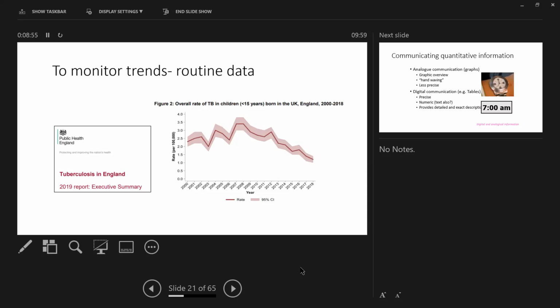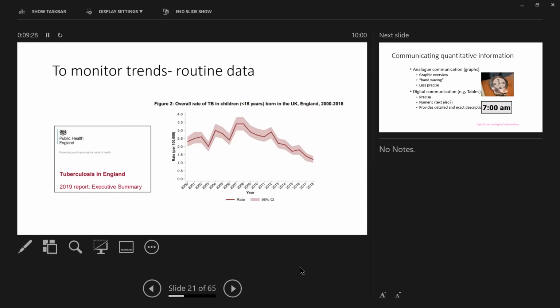So, reporting the, actually it says rates, it shouldn't be rate, it's actually a risk. The incidence of TB in children over the years. Again, you know what your denominator is, the entire population of the country, and you just show the number of cases every week, every year. They have put a confidence interval there.